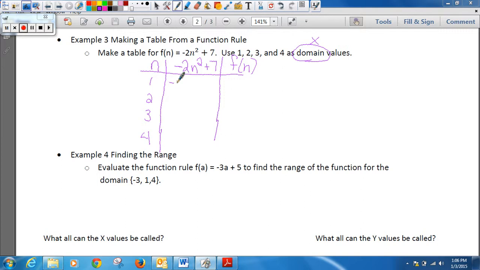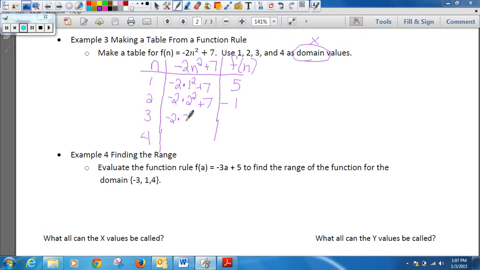So the first thing all you do is sub it in for n. Negative 2 times 1 squared plus 7. That gives us 5. Then we plug in 2. Negative 2 times 2 squared plus 7 is negative 1. Now we plug in 3.